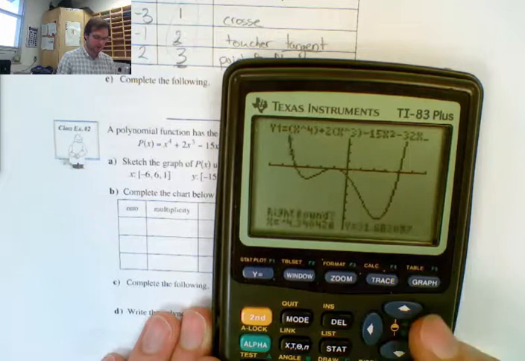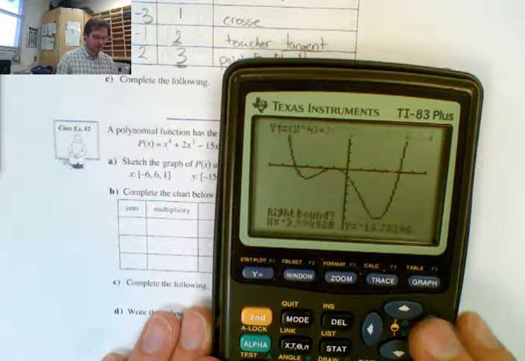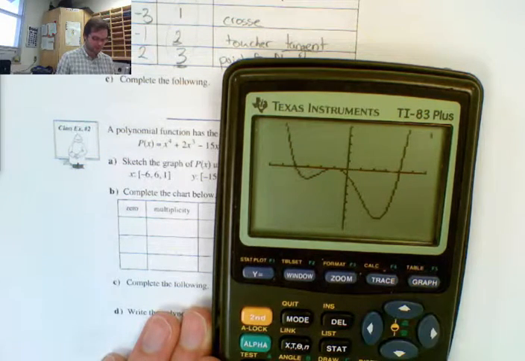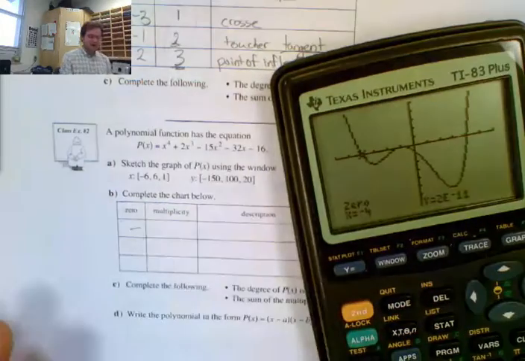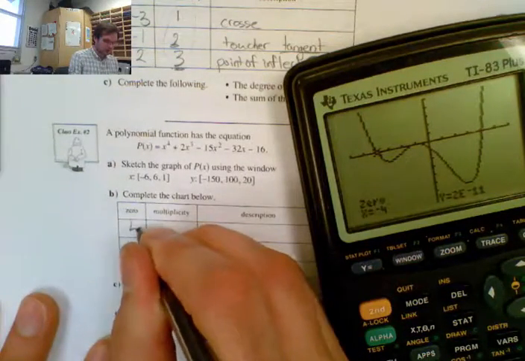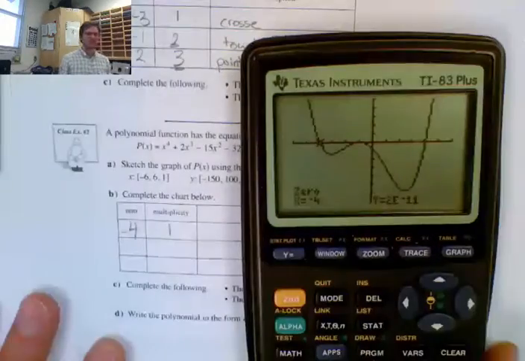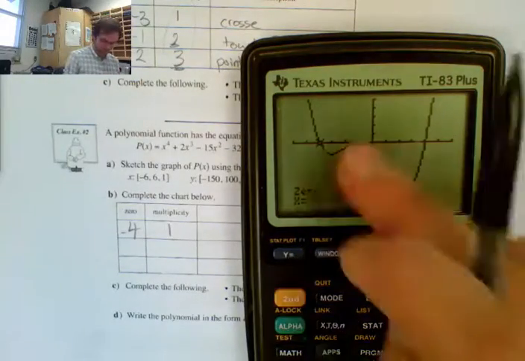We have right there, enter. Let's go left of it, and a guess. So we get exactly what we thought, negative 4, and it just crosses, so we know negative 4 is just going to be degree 1. Because anytime it just crosses, it's degree 1.